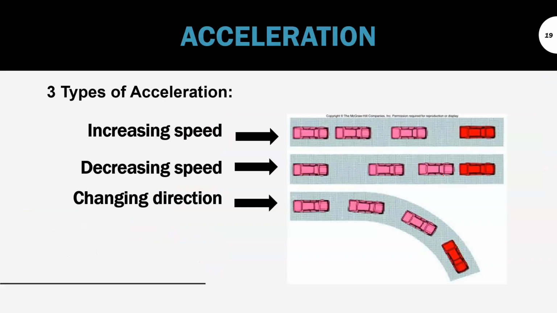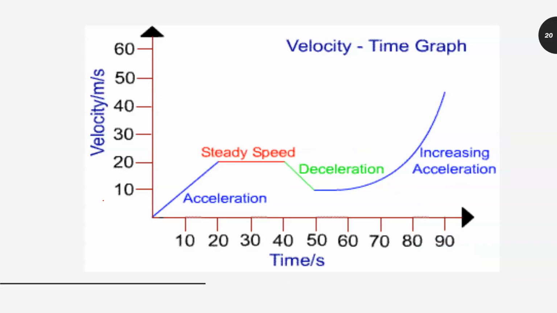Right. So there are three types of acceleration that we can use to describe the motion: increasing speed, decreasing speed, and also changing direction. These types of acceleration can also be shown in the form of a graph just like this one.